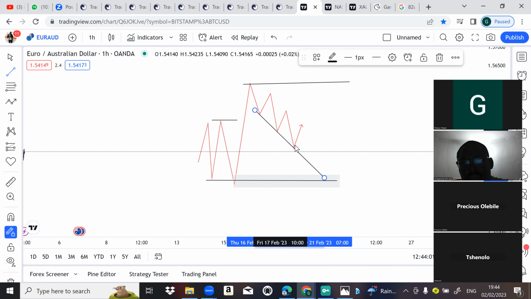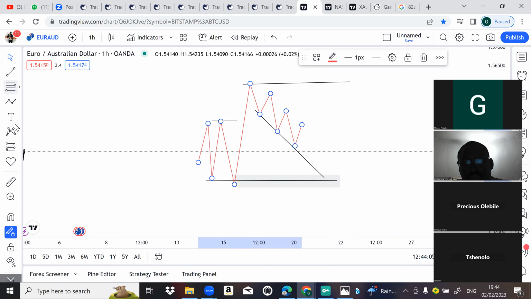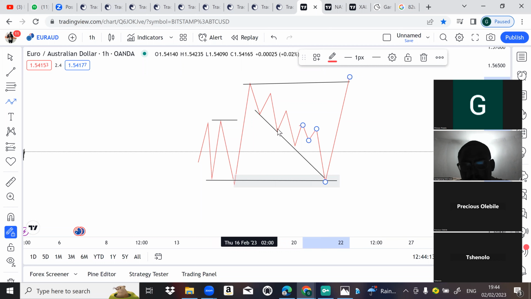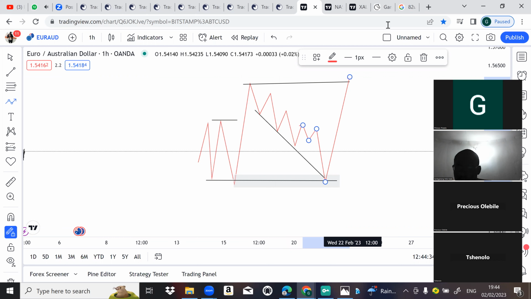So it can be 1, 2, and then maybe the price just induces at this point, and then wait for the third touch. 1, 2, 3, then we buy. So that's 3D. 3D is a confluence factor. It's either you use 3D or you use inducement. These are the two confluence factors that we have.